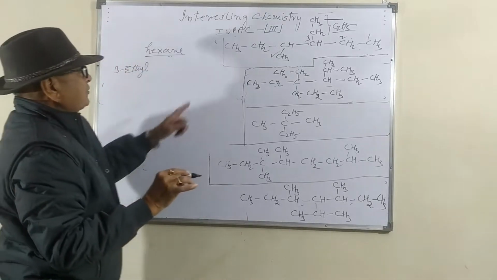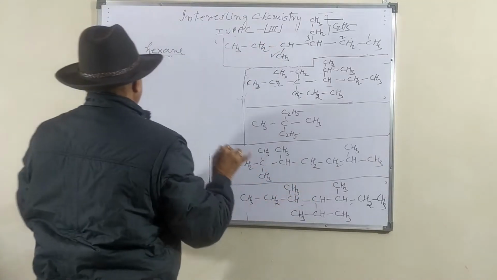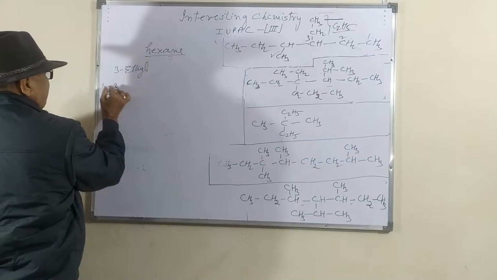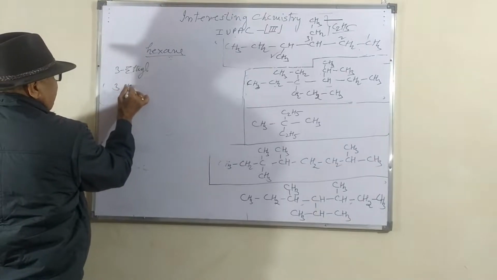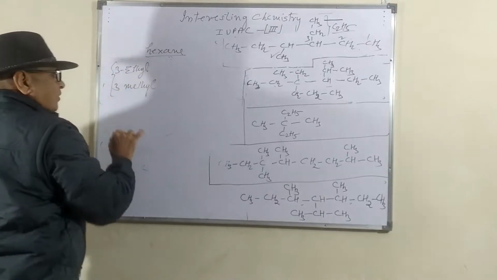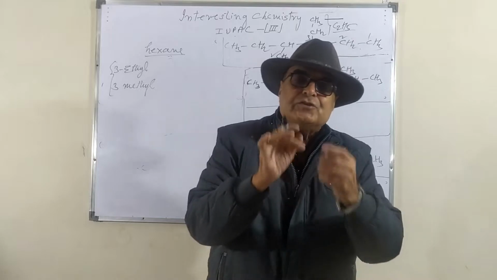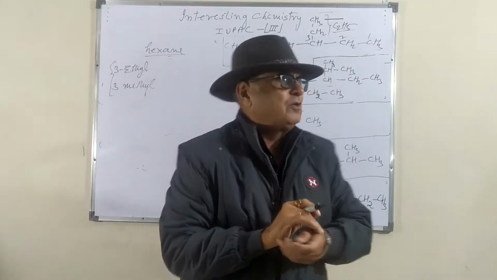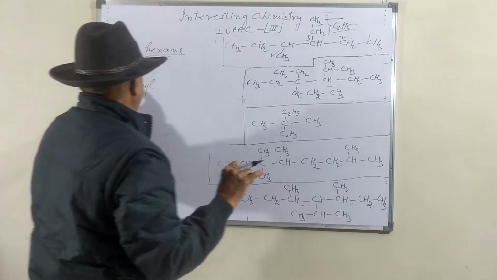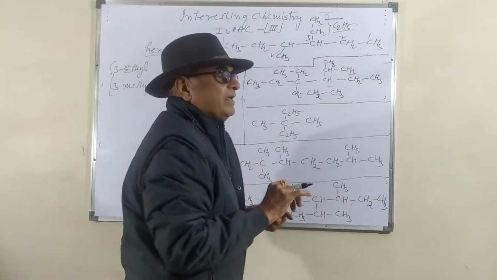If you start from the other end, 1, 2, 3, then this will be 3-methyl. So both substituent groups have similar locations: starting from one end gives 3-methyl, and starting from the other gives 3-ethyl.